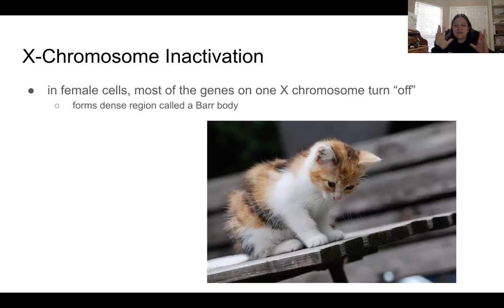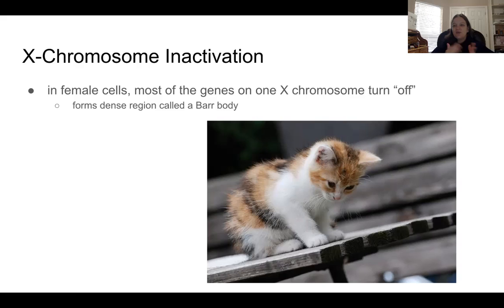Randomly in every cell, one of your X chromosomes condenses. It forms this dense region called a bar body, I think named for the person who discovered that this is what's happening in your cells. So you're kind of randomly in all of your cells expressing either one X chromosome or the other.